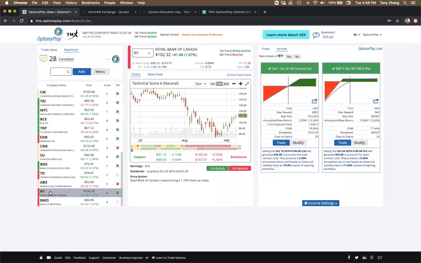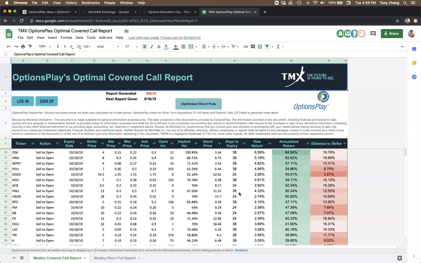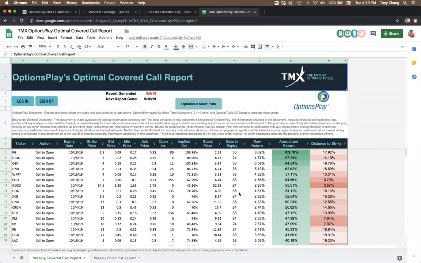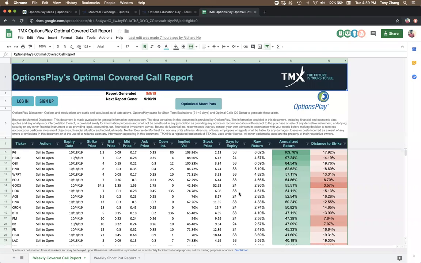Now, with the few minutes that I do have left, I do want to show you this report that we generate every single morning. This was generated on Monday morning, which basically shows you which stocks and what yields you can expect from those specific stocks. So this tells you the stock, the strike price, the expiration date, as well as the annualized return.